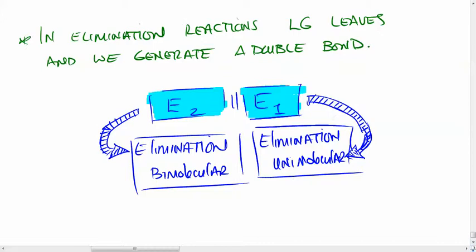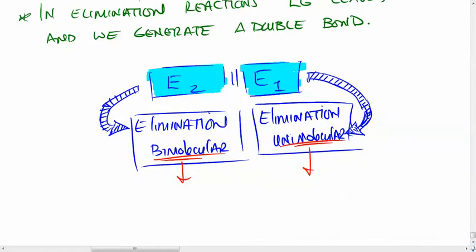Remember, the reason why we're saying bi is because of the kinetics, right? In the SN2 reaction, the rate of the reaction was dependent on both the substrate and the nucleophile.